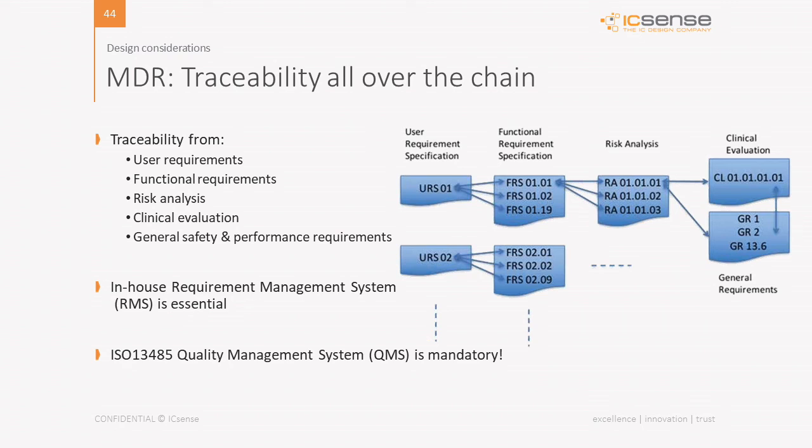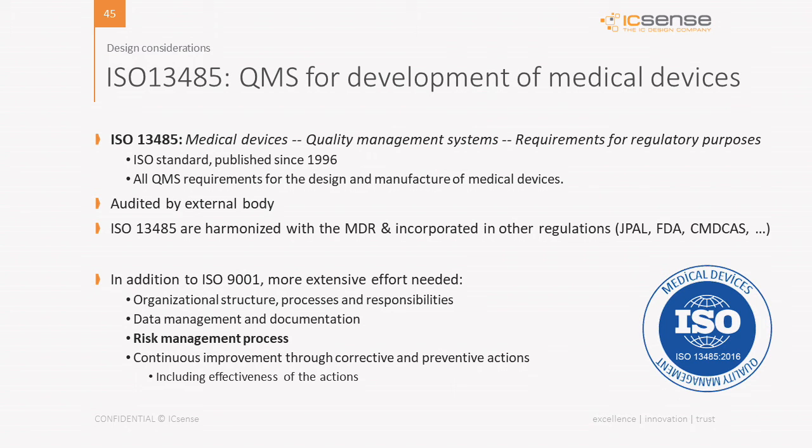So if you're complying with ISO 13485, together with a good review of all the required technical documents, that's, I think, a good step in order to obtain your CE marking.